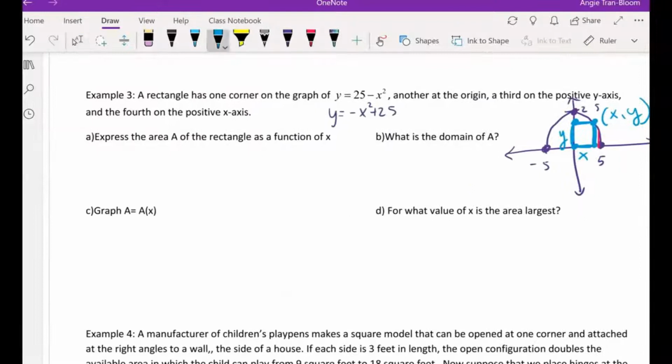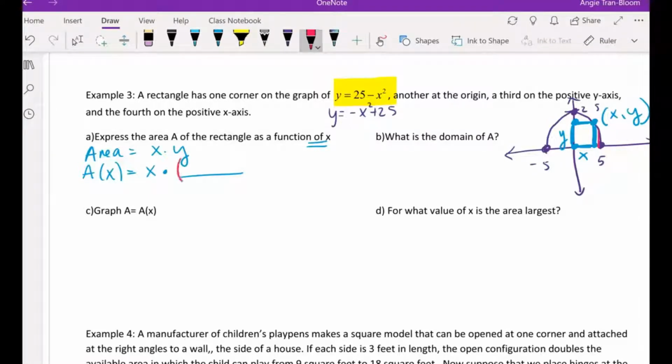So area is, here we go, area, it's going to be length times width, which is really x times y, but it only wants in terms of function of the x. So area in terms of x is, well, x will stay. Well, what on earth is y? Well, congratulations. Y is this. Y is 25 minus x squared.